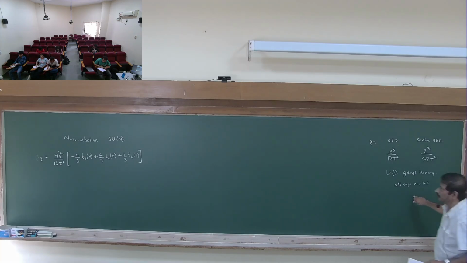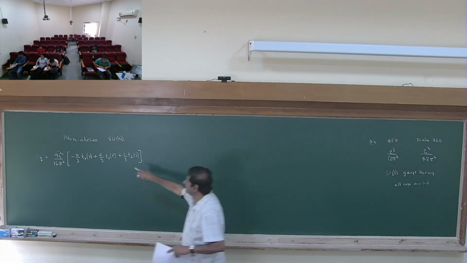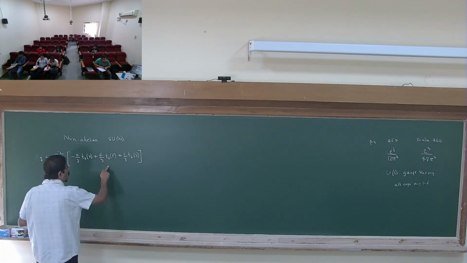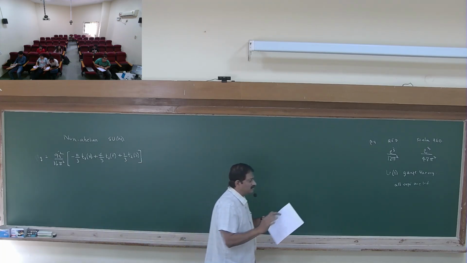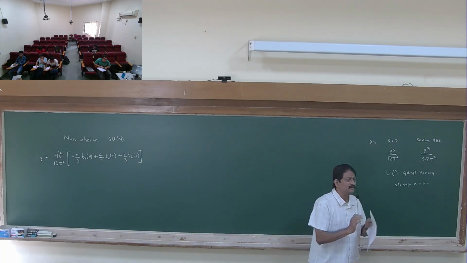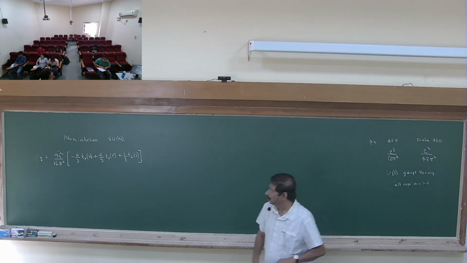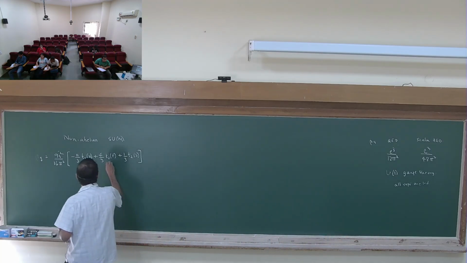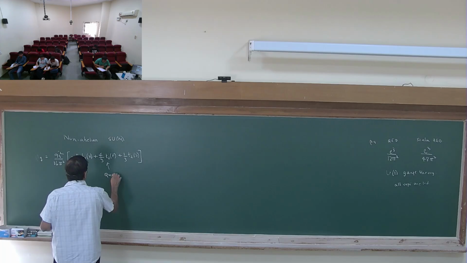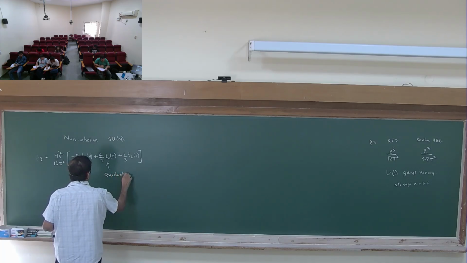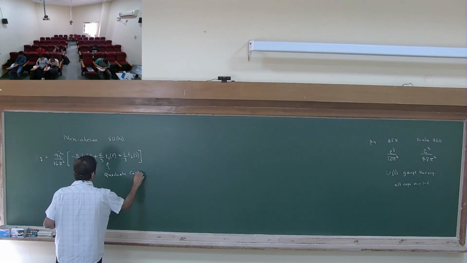Here it does matter what the representations are. It is not just saying what the representations are, but it is a certain invariant associated with that representation. So this here is what is called the quadratic Casimir of the representation.